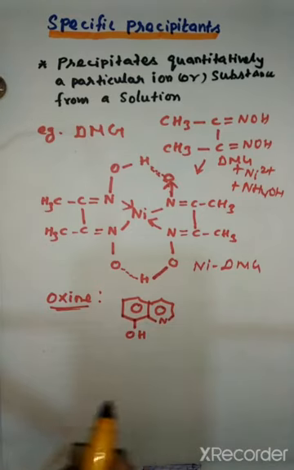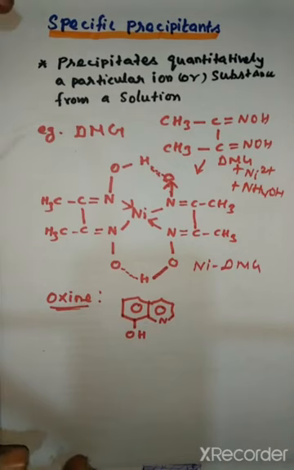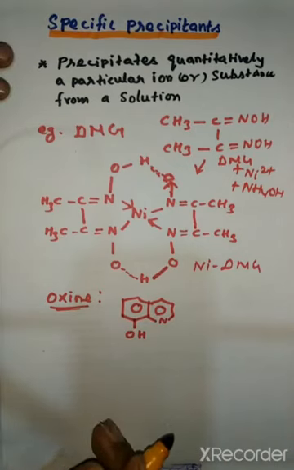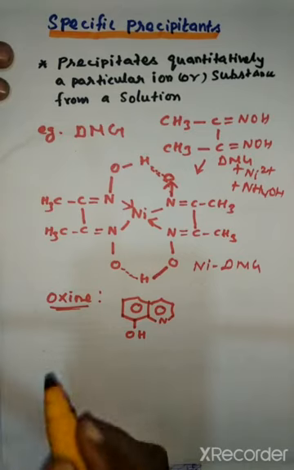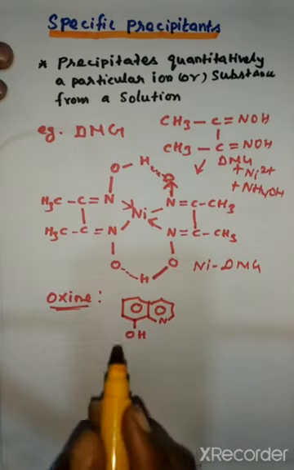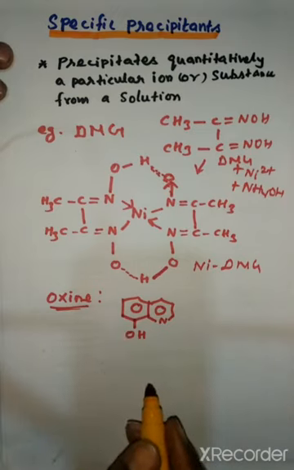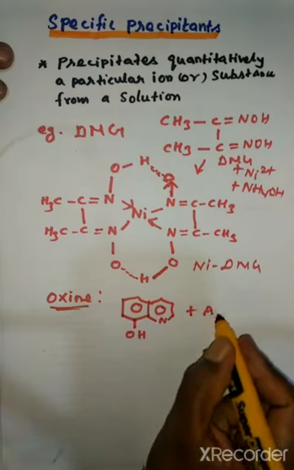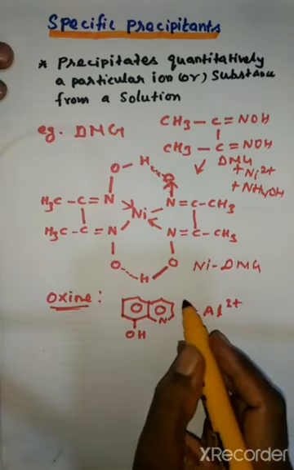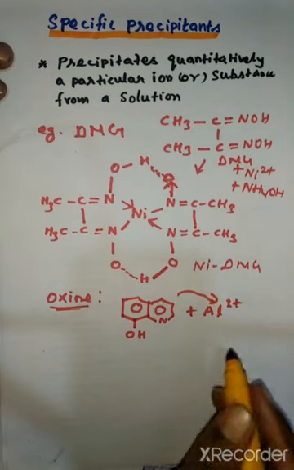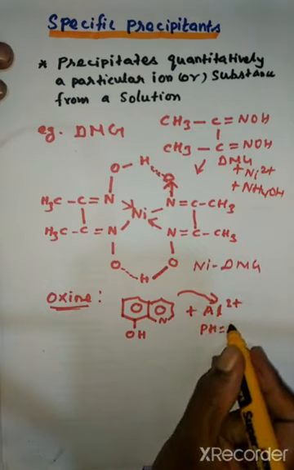This is also used as a nearly specific precipitant, to estimate aluminium from a solution at around pH 3.